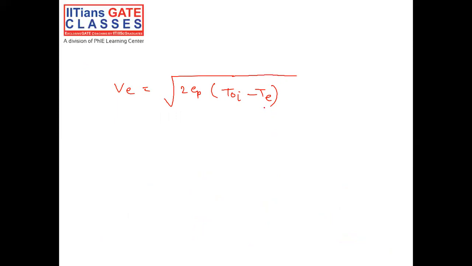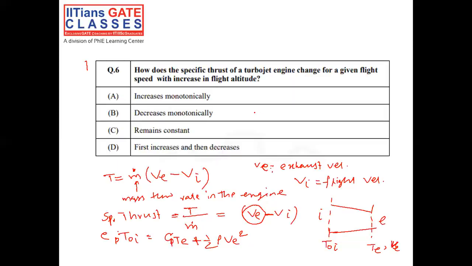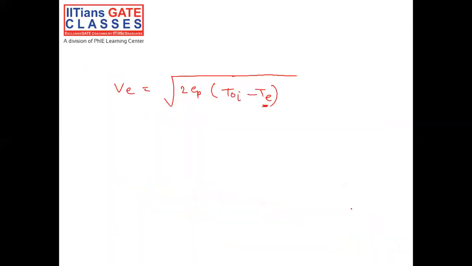And this Te is the exhaust temperature, and if the nozzle is discharging the fluid at atmospheric condition, then this Te can be written as Ta, the atmospheric temperature, right? Now as we increase altitude, the temperature decreases, right?